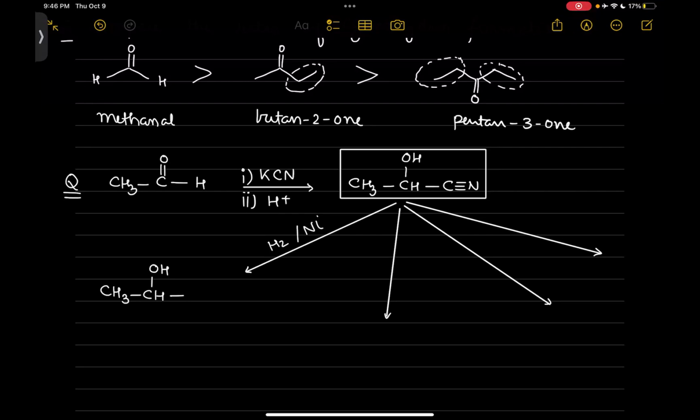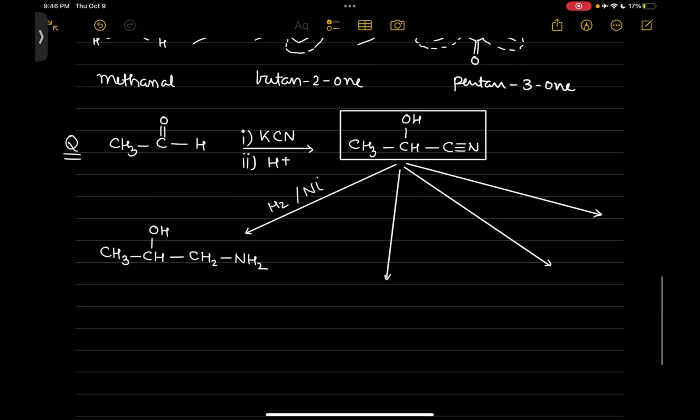Got it? Which part will get hydrogenated? The one carrying the double or triple bonds. So the C triple bond N will get hydrogenated to CH2NH2. Getting my point or not?